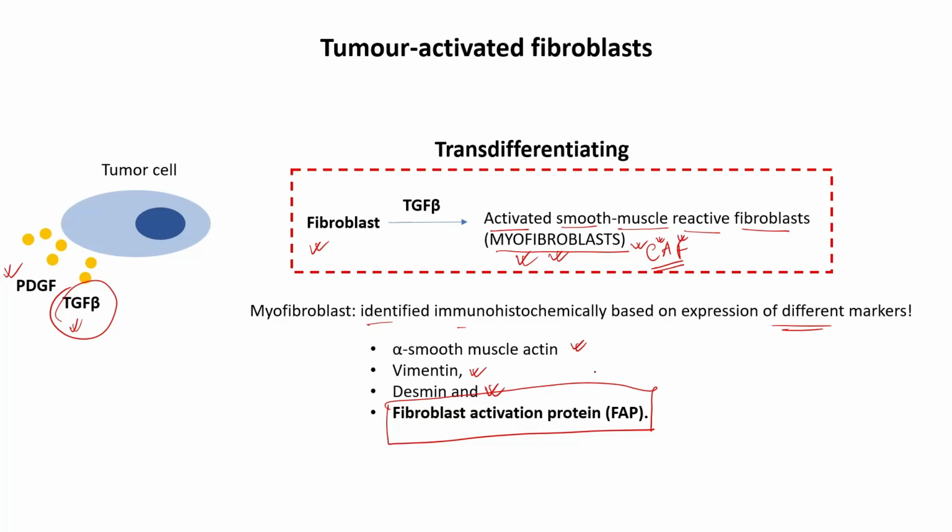So now we can see that in case of a tumor which has become activated, which has reactive tumor stroma, it actually transdifferentiates fibroblasts to myofibroblasts, and this myofibroblast is known by its expression of multiple markers, and FAP is one of the markers which the myofibroblast expresses.